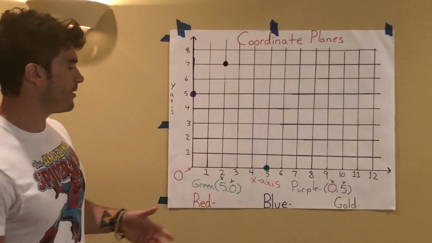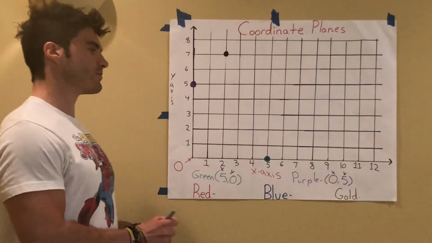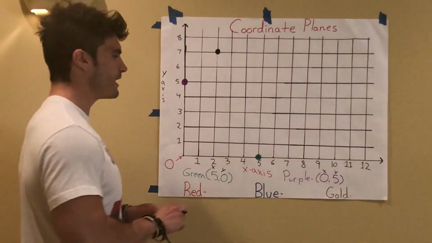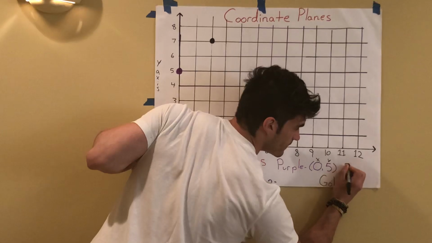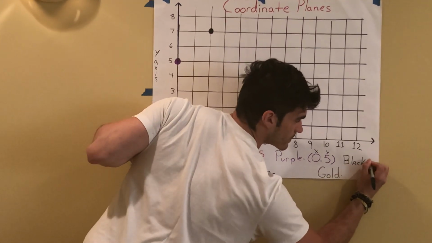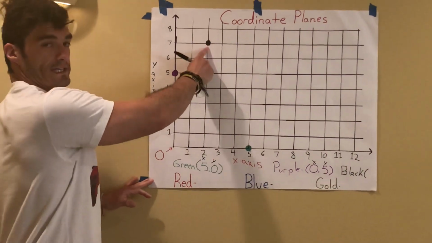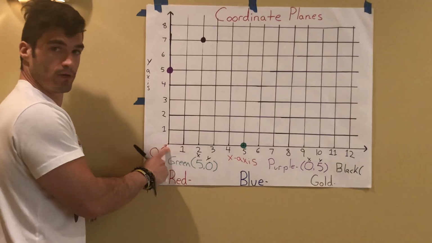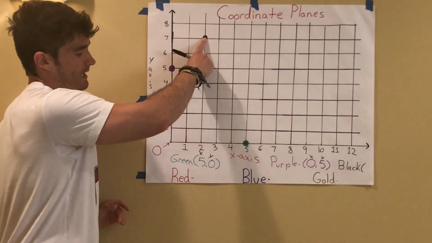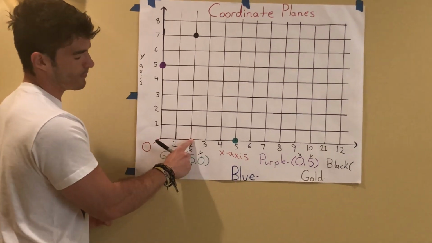Now, finding the black is pretty simple if you can understand the rule of always go horizontally before you go vertical, sideways before up and down. So black, in trying to find that ordered pair, and I'm running out of space, so I'm going to squeeze. Black is right here. Now I have to start at my point of origin, always 0, and I have to get to that dot. In order to get there, I have to go over 1, I have to go over 2.